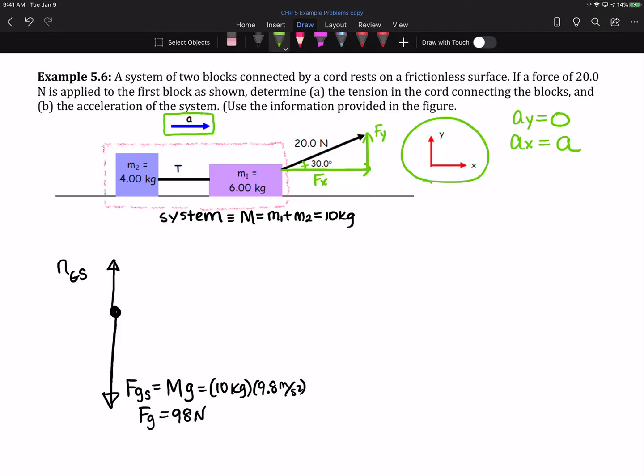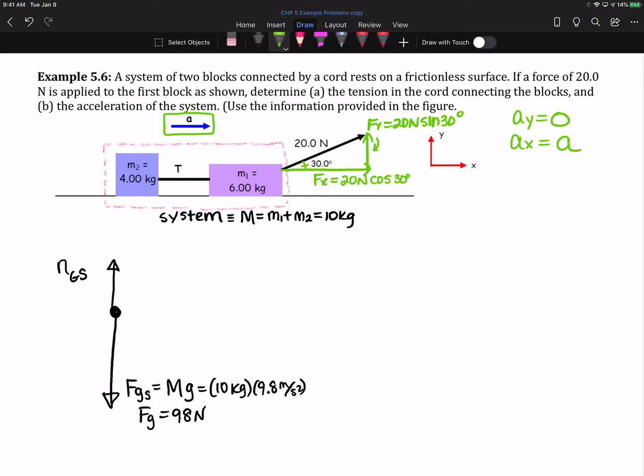Because I know the angle here is 30 degrees and the hypotenuse is 20, the x component is 20 newtons times the cosine of 30 degrees, and the y component is going to be 20 newtons times the sine of 30 degrees. That is really hard to read, so let's do a little bit of erasing here. The y component right here is 20 newtons times the sine of 30 degrees.